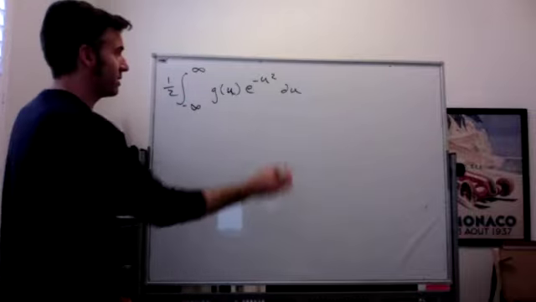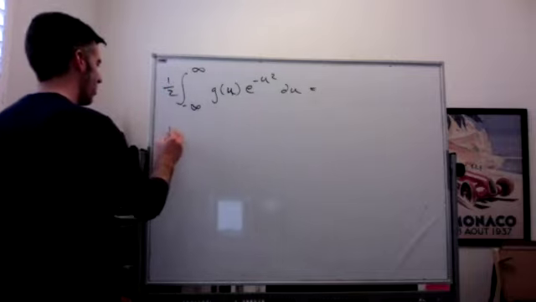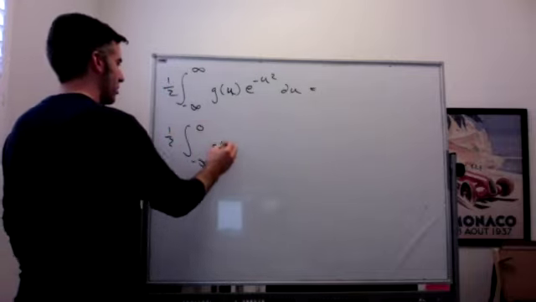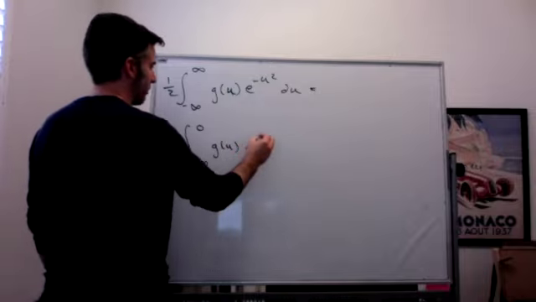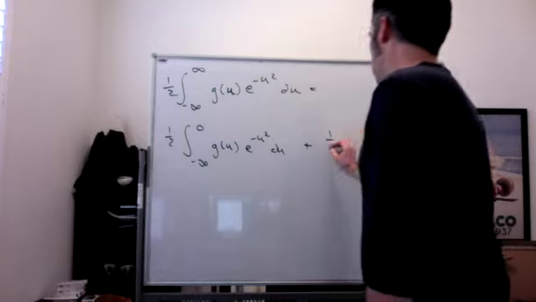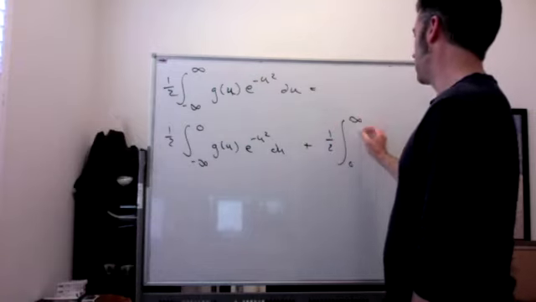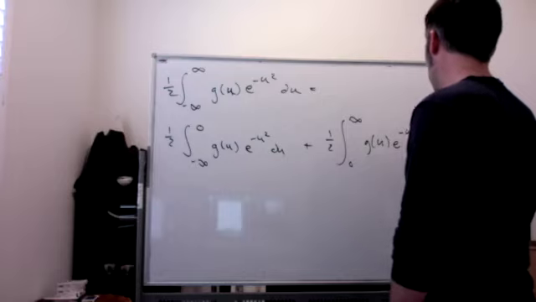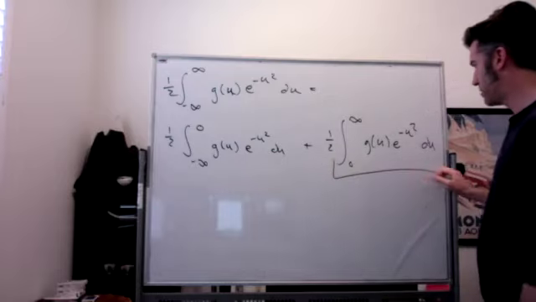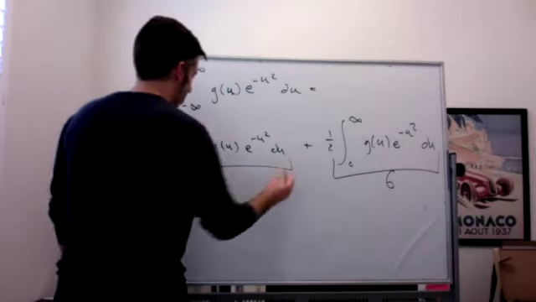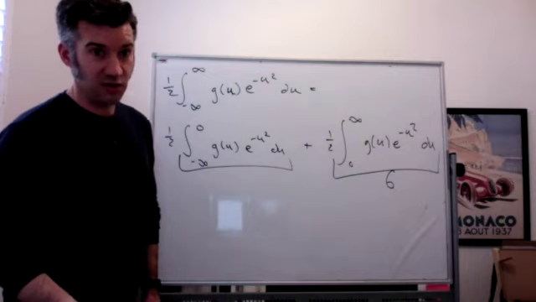And then I could break this up as 1/2 the integral from negative infinity to 0 of g of u e to the negative u squared du plus 1/2 the integral from 0 to infinity of g of u e to the negative u squared du. This is 6. And this, well, you could do another U-substitution.